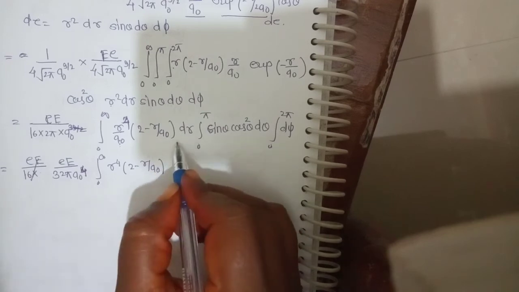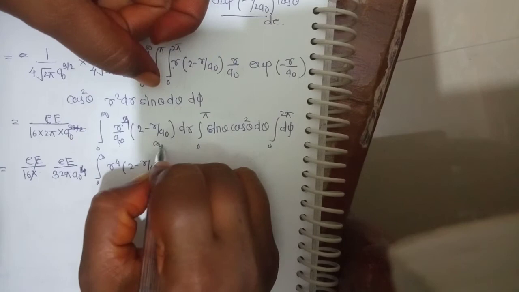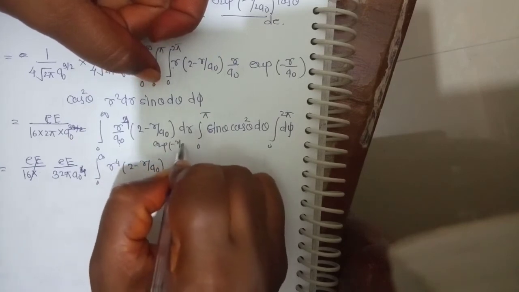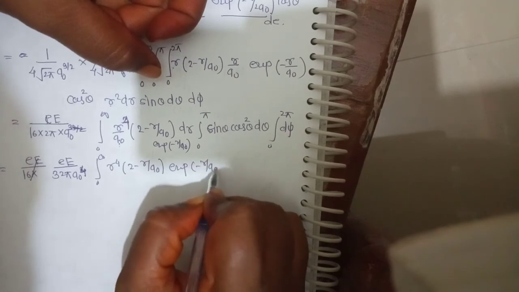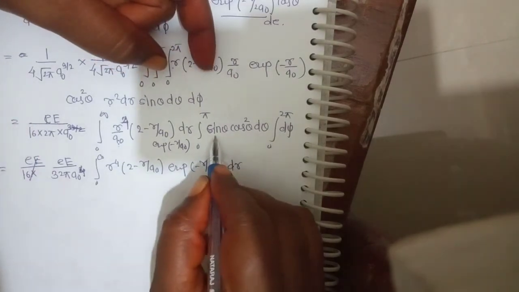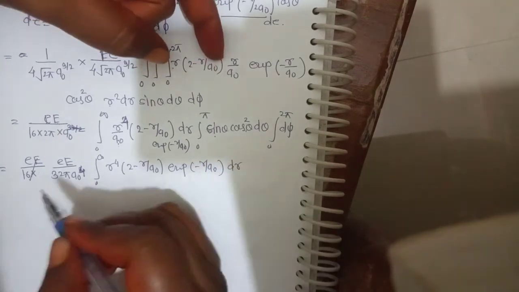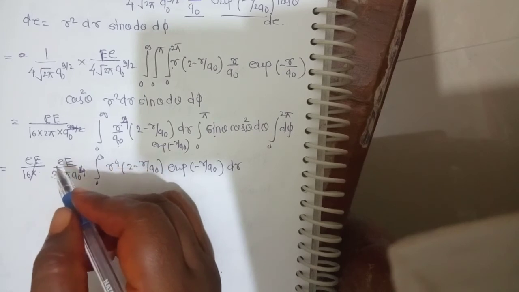Again I haven't written the exponential term here. I have to write exponential minus r by a naught dr. Okay. After that, sin theta cos square theta d theta. With the help of integration by substitution, solve that.